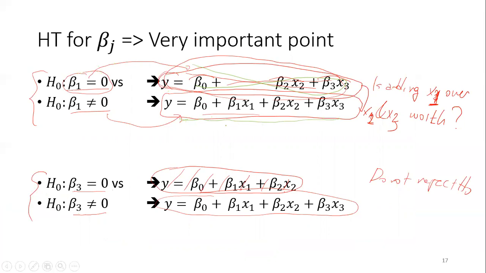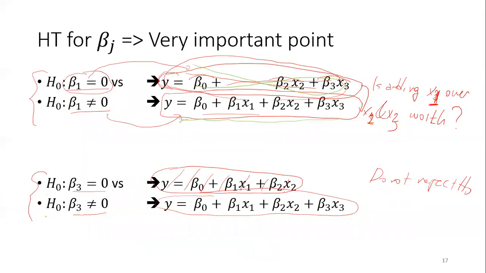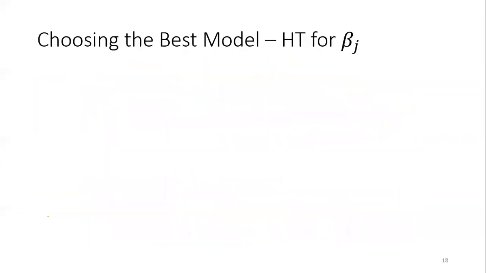That's the key point in testing the hypothesis for each beta: testing a hypothesis just refers to whether adding this variable over the other variables is significant or not. That's what we are doing in hypothesis testing for single betas.